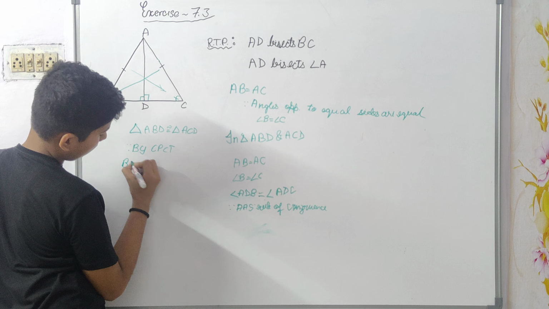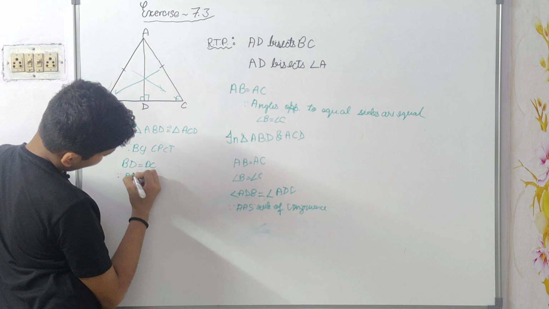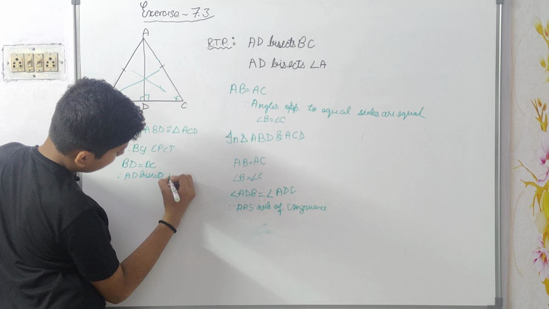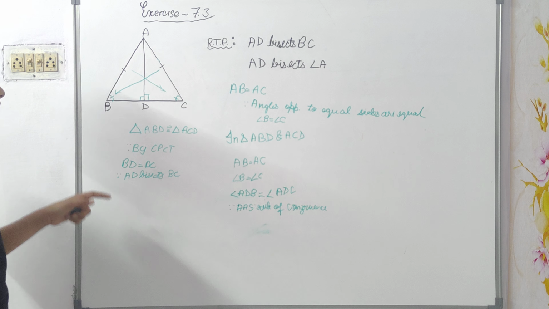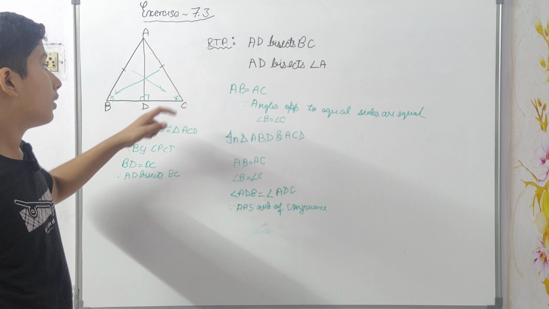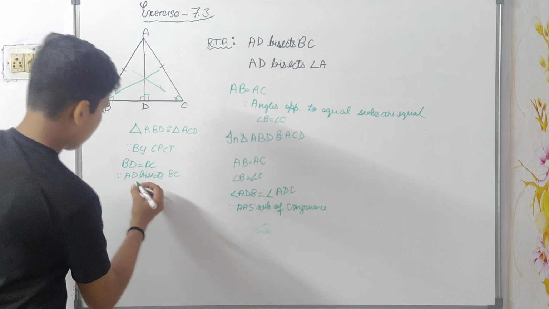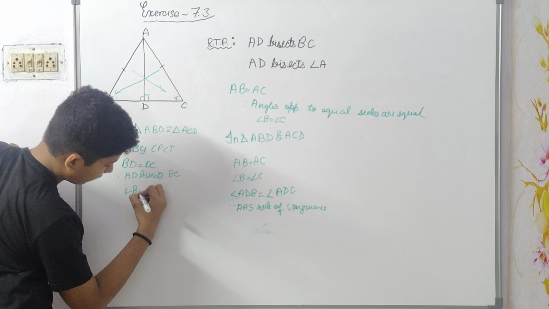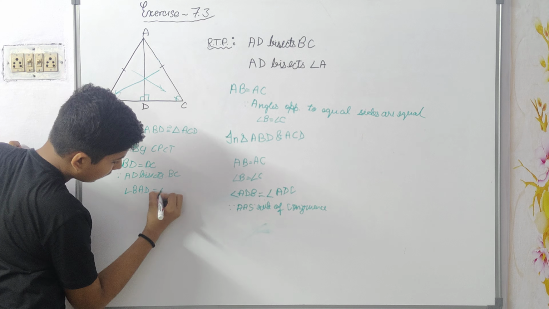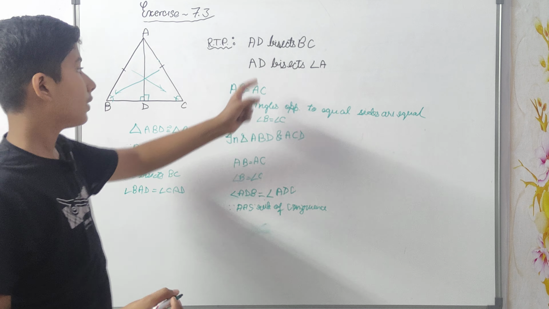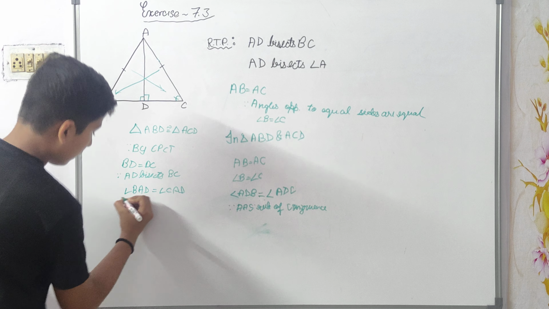Therefore, here D bisects BC, and also we can say angle BAD equals to angle CAD. These two angles are equal, so we can say AD bisects angle A.